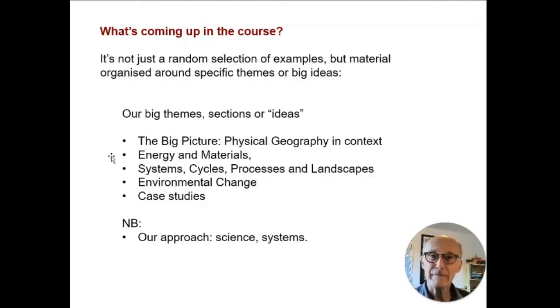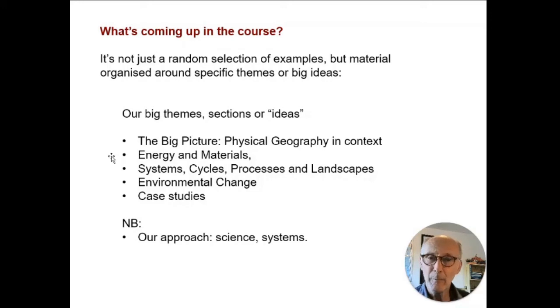Those interactions drive and are involved in lots of global and local scale systems and cycles, and the processes that are part of those big systems and those broad scale cycles are what lead to the local conditions that we see around us, for example, in the form of our local landscapes.